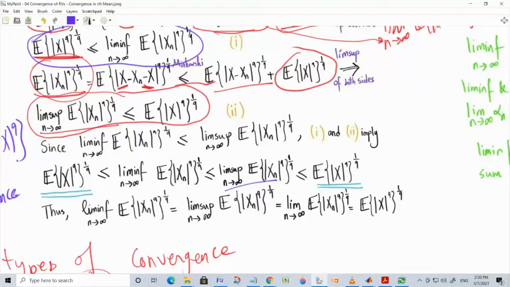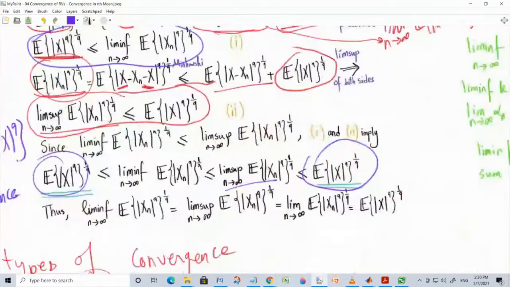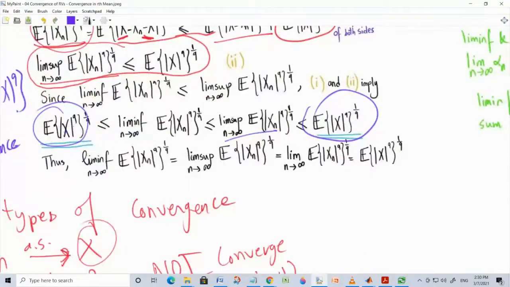This chain is very nice, because you start with this expectation and you end up with this expectation, and this expectation is a finite number. How do we know? It's the first proof that if you have convergence in the rth mean, then the rth absolute moment is finite, and so any moment less than r will be finite. So you start with something, you end with the same thing.